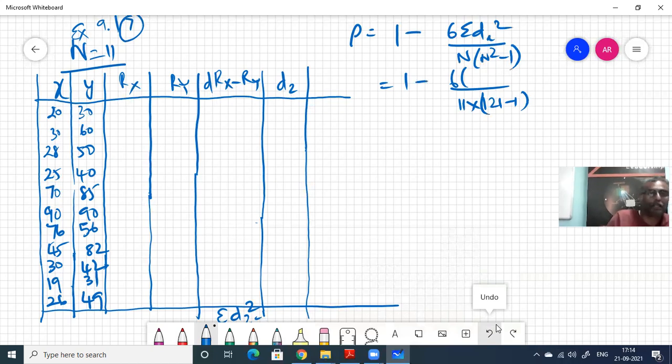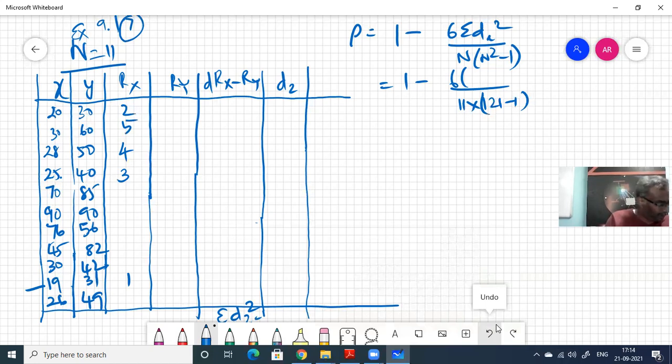Okay, let us see the ranks of X: 20, 30, 28. Which is the lowest? This one, first rank. Next, 20, second rank. What is the third rank? 25, third rank. 28 is fourth rank. 30 is fifth rank.